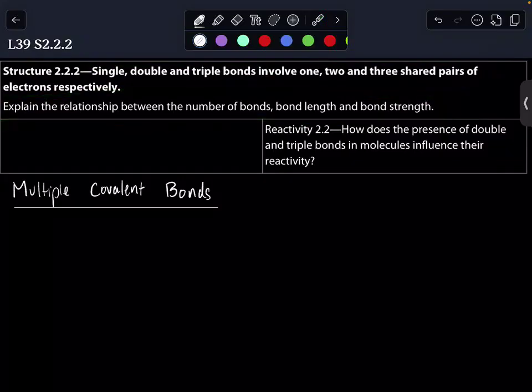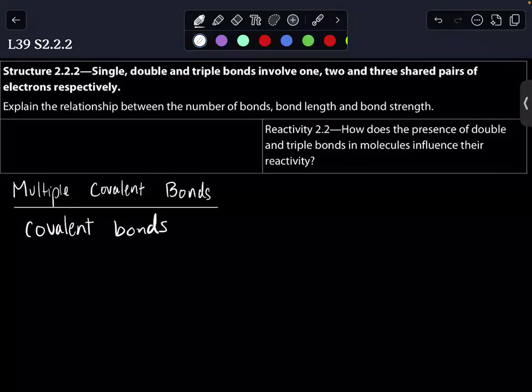So from our last lesson, we learned that covalent bonds are shared pairs of electrons.